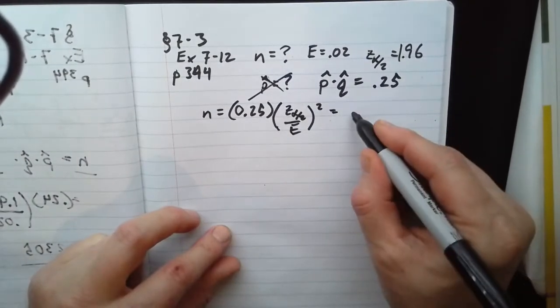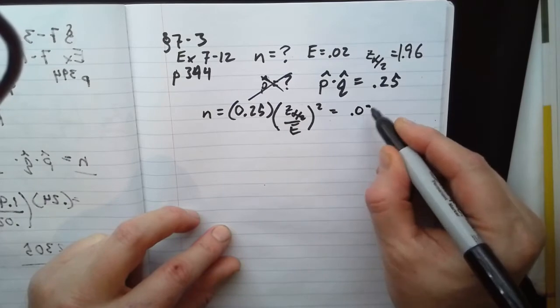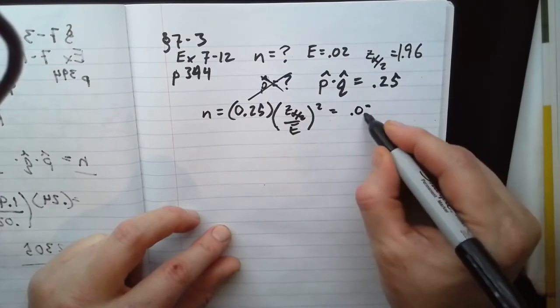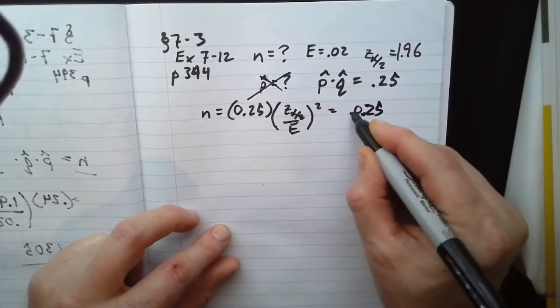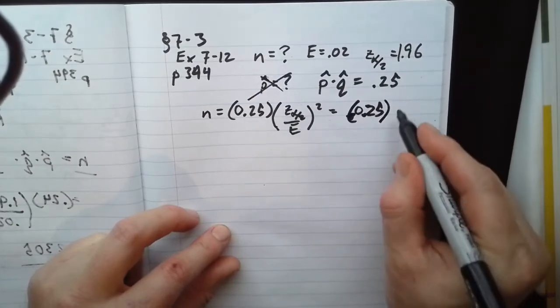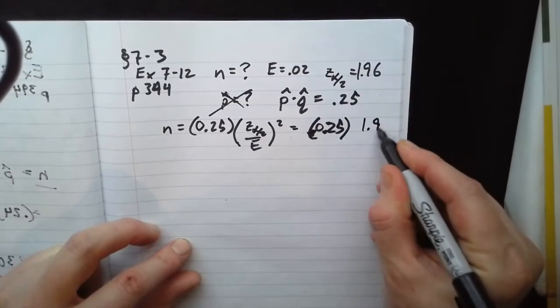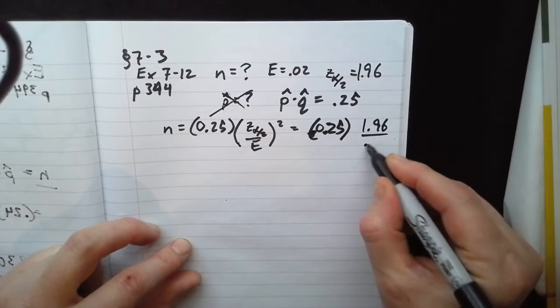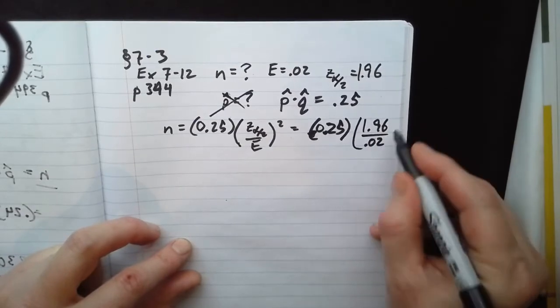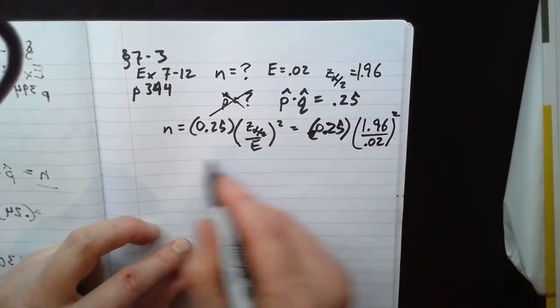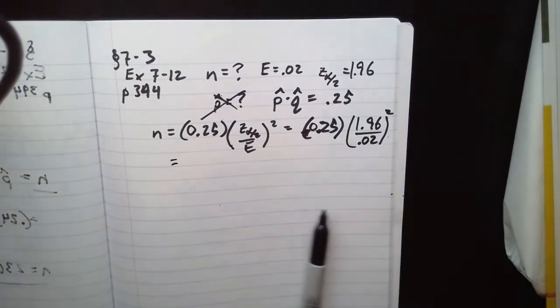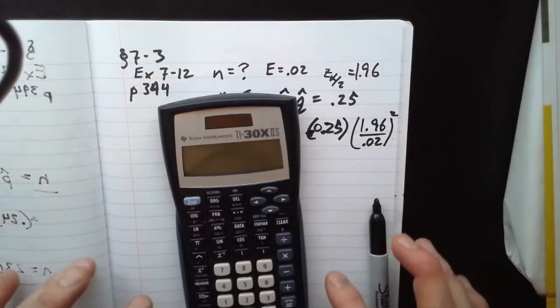So here we're going to do 0.25 times 1.96 over 0.02, whole thing squared.